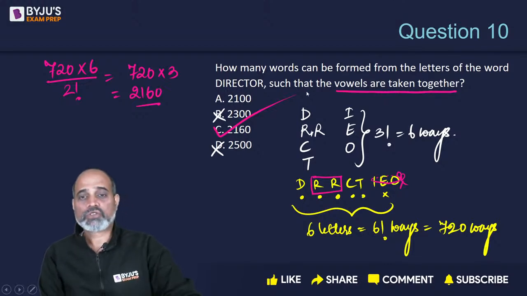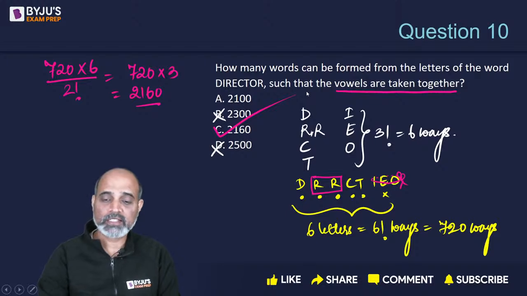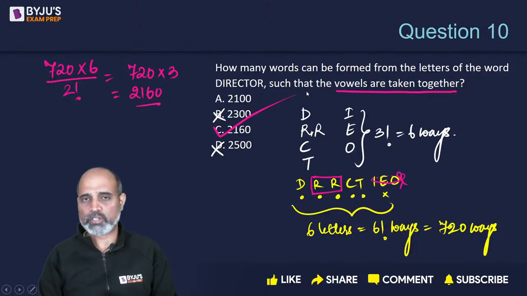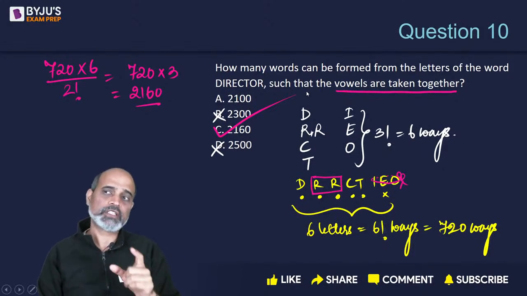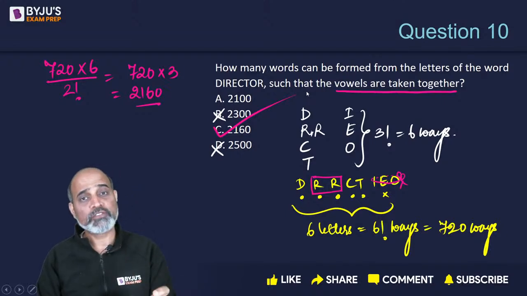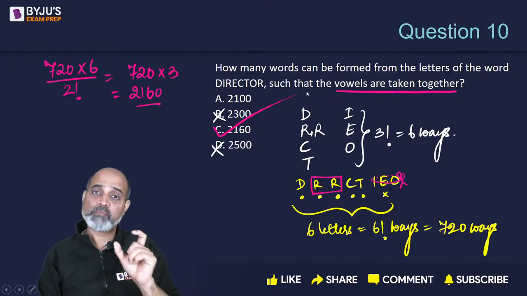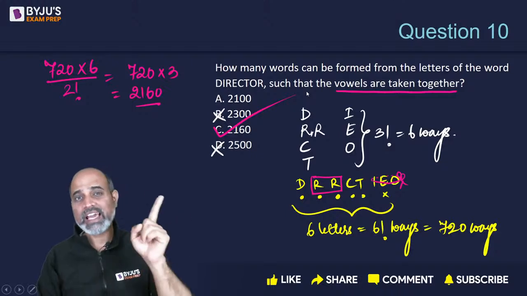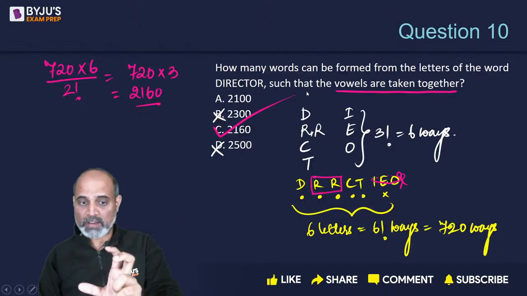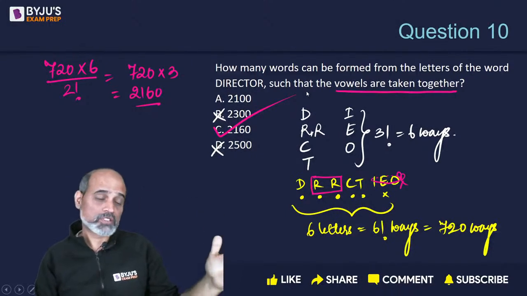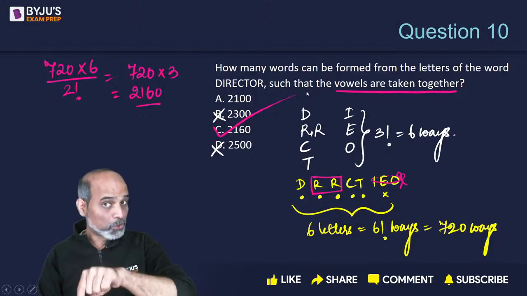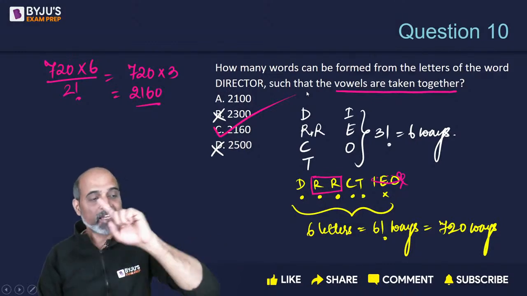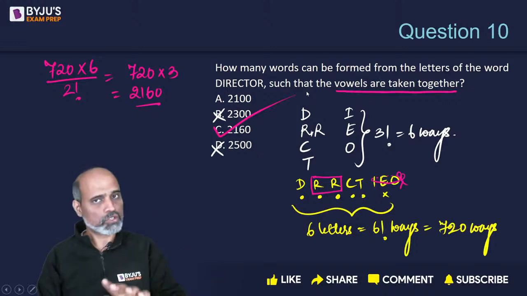Okay, so I hope this part was clear. Initially, do not be worried about the 2 R's. Begin with binding all the vowels together. Once they are bound, consider them as a single letter. Now you have that letter and the other consonants. See how many letters you have overall, including that bound letter. Then see their arrangement and solve it.